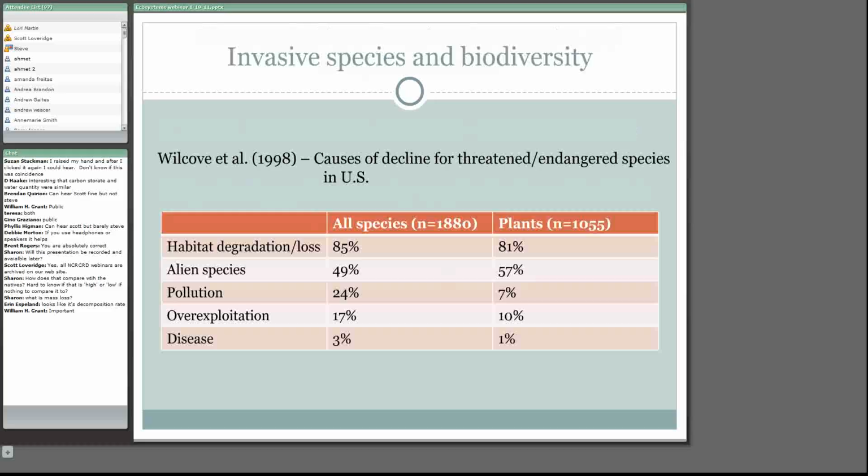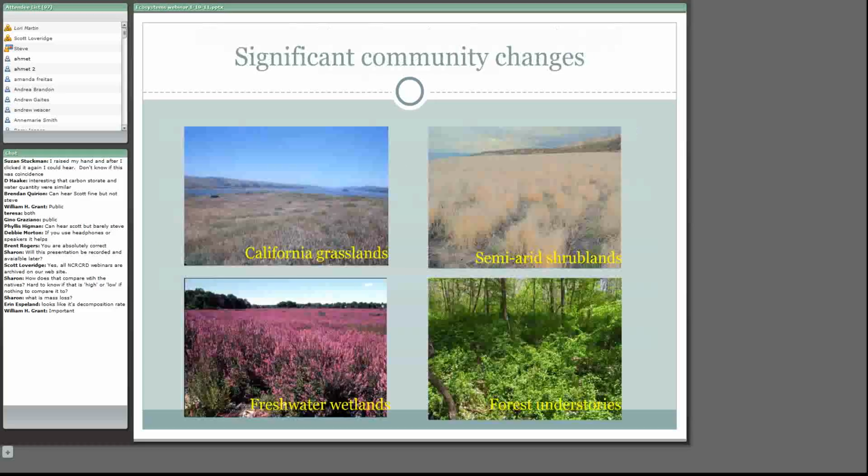And so, an indication that invasive species are impacting biodiversity and causing significant community changes. We look across landscapes and we see, in some cases, vast monocultures of invasive plants. And those landscapes have changed from previously native or a mix of native desirable plant types.